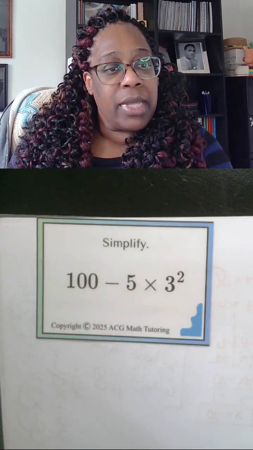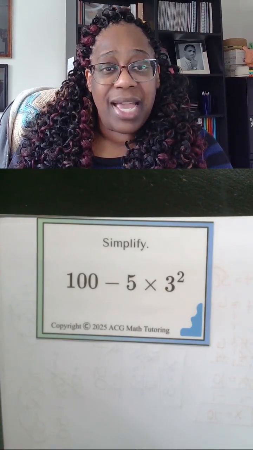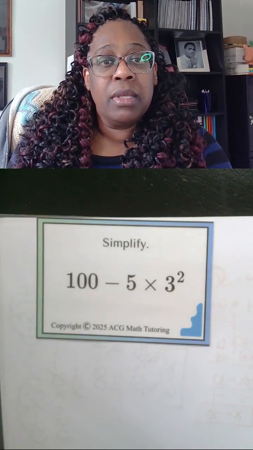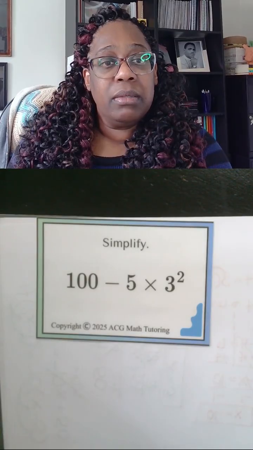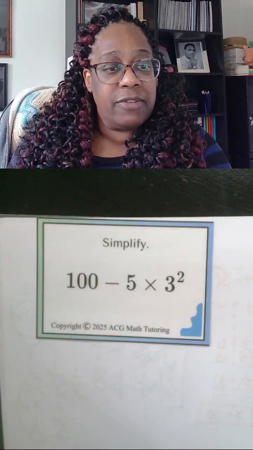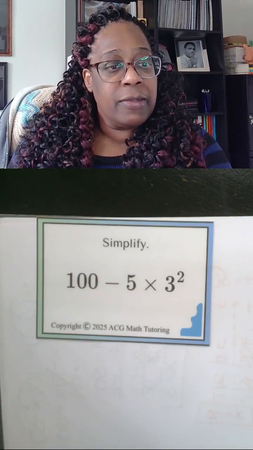All right, so we got a whole bunch of 65s, a bunch of 55s. I got some 55s, I got some 65s.